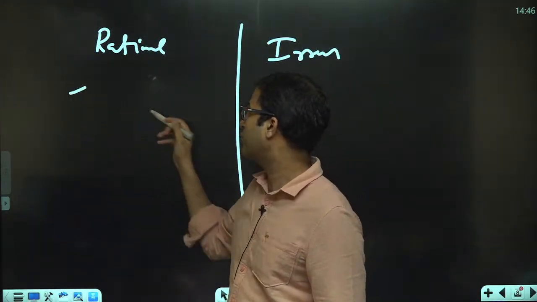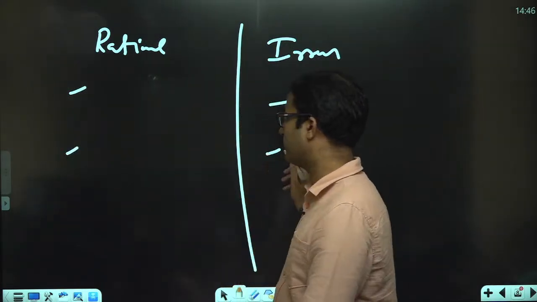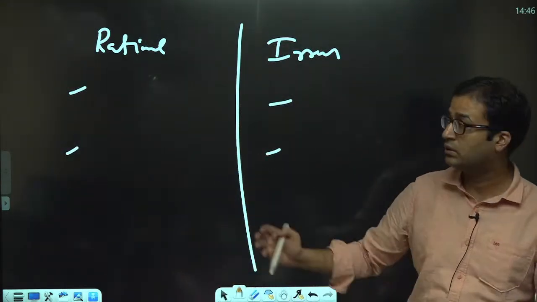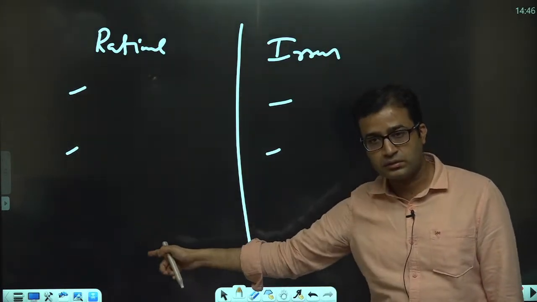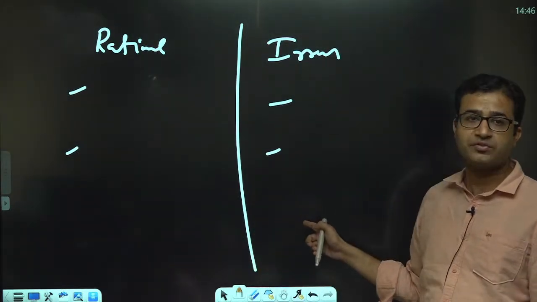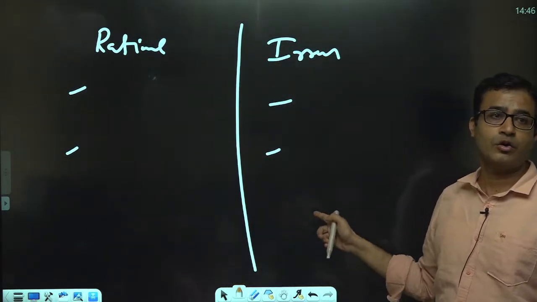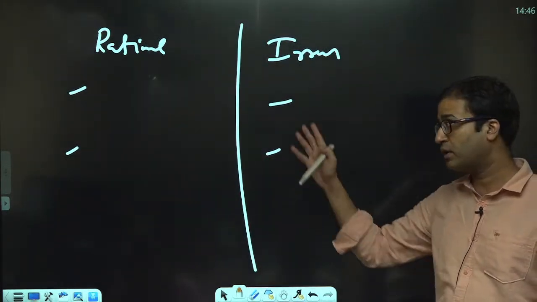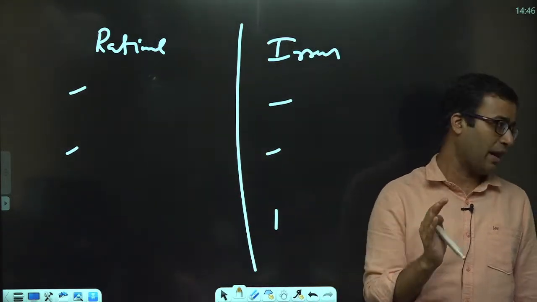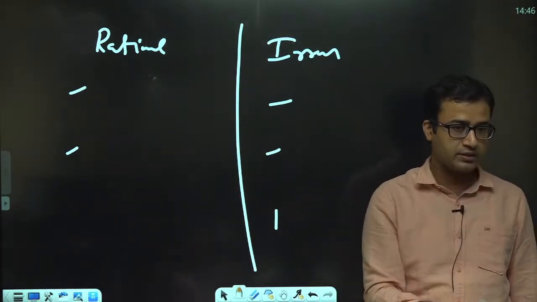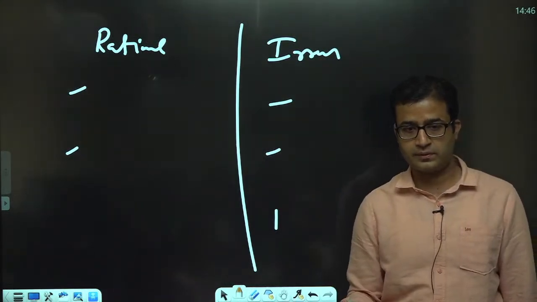Try to write the differences, whatever you can make out, like definitions, examples, terminating decimals, non-terminating but repeating. As far as decimals are concerned, irrational numbers neither terminate nor repeat. So write around three differences in your own language between rational and irrational numbers.